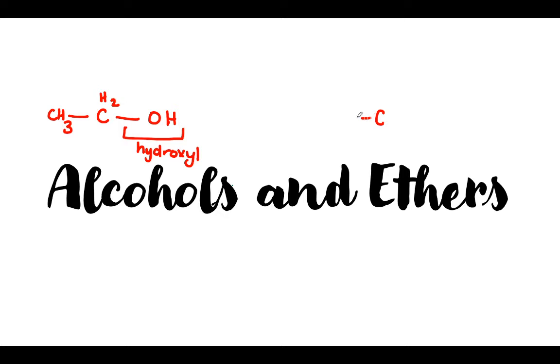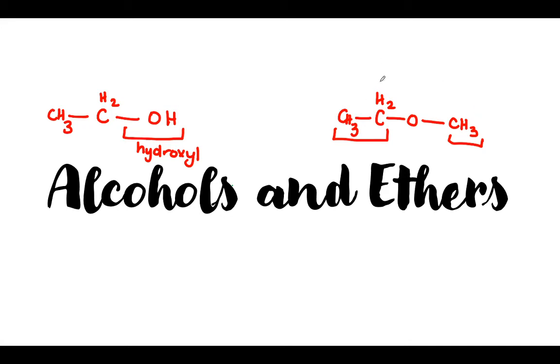So if you've got an ether, you've got a bunch of carbons. Let's say I've got 2 on this side, and it is still bonded to an oxygen. So the carbon is still bonded to the oxygen, but that particular oxygen is not bonded to a hydrogen like it is for a hydroxyl or for an alcohol. It is bonded to another carbon. Okay. Now, what's on the left side and what's on the right side don't necessarily have to be the same.